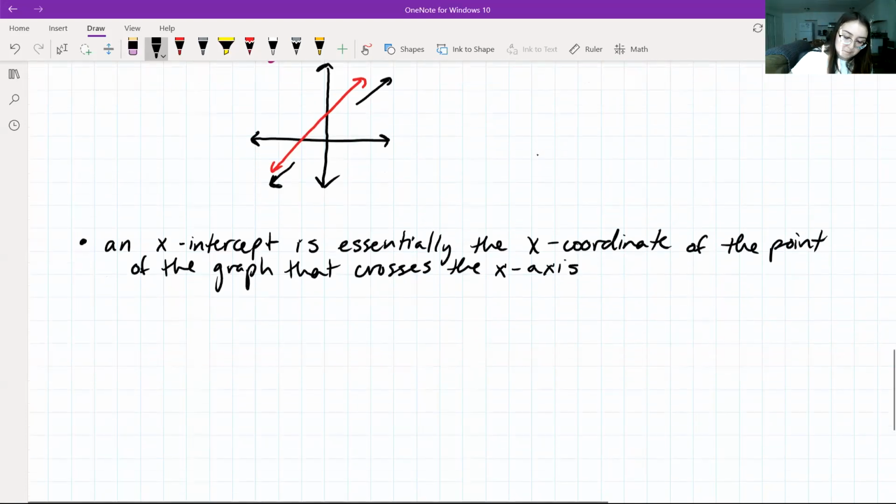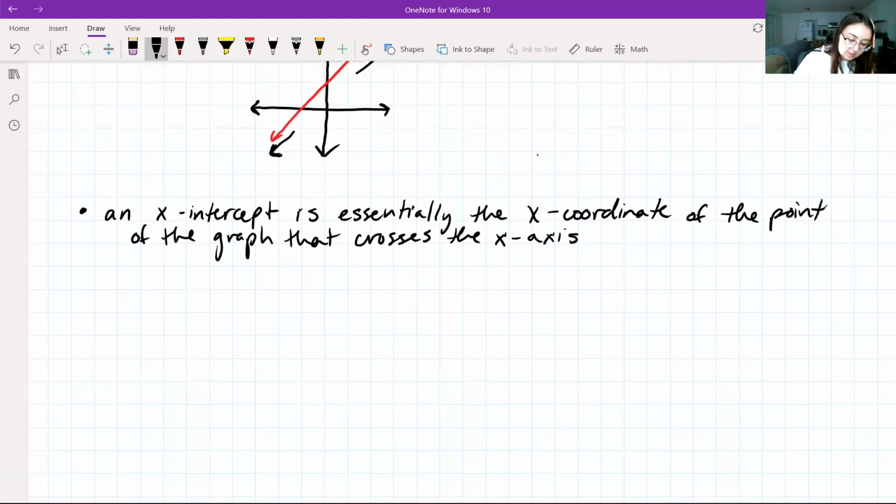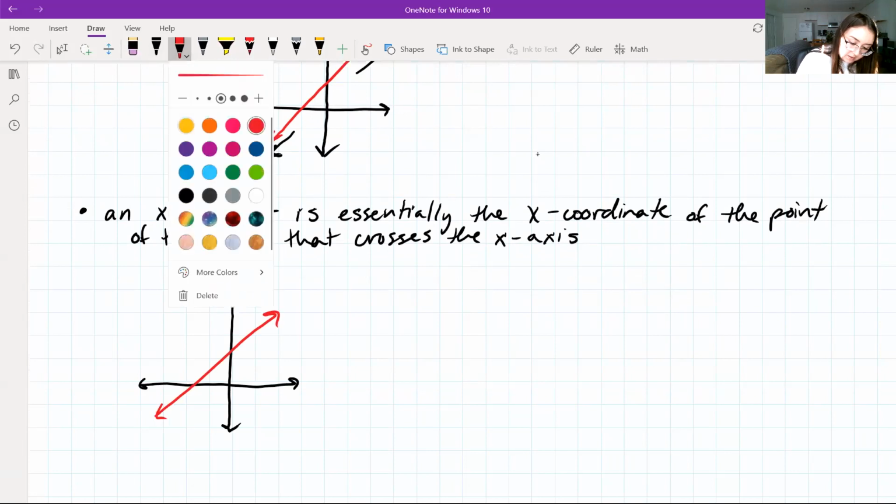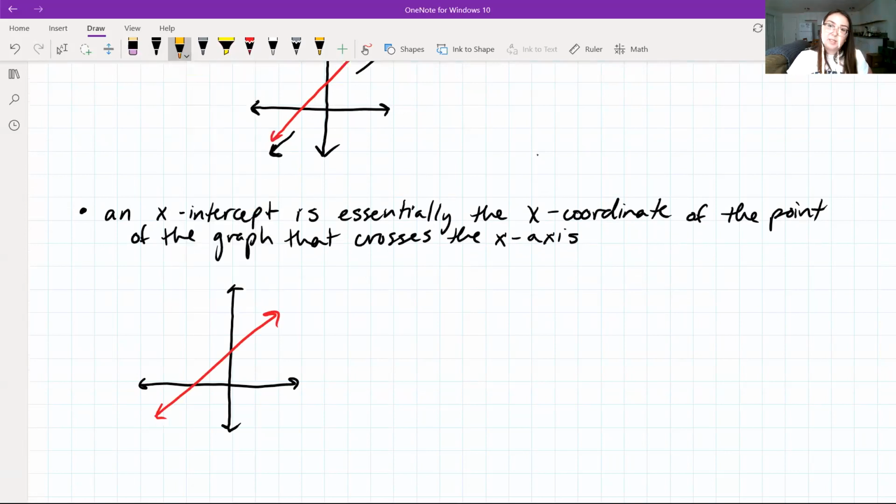So this means that if we draw another example graph here, and we would kind of stick with what we had last time. If our x-intercept is where our graph crosses the x-axis, then that point would be right here. This point would be our x-intercept.